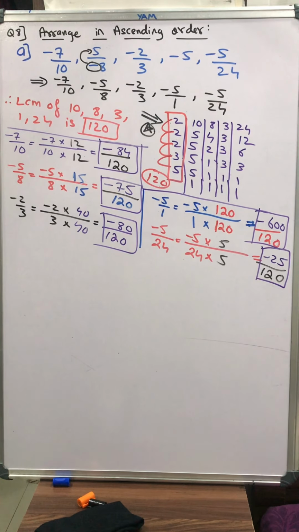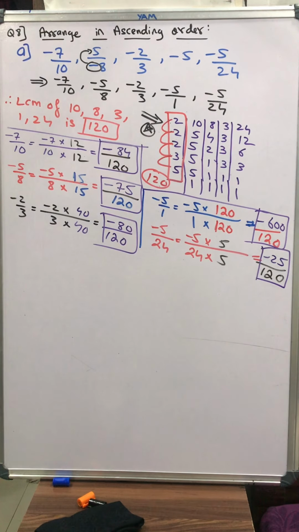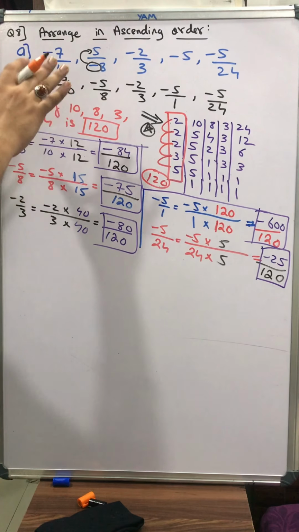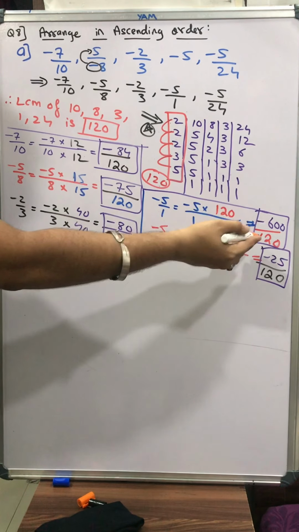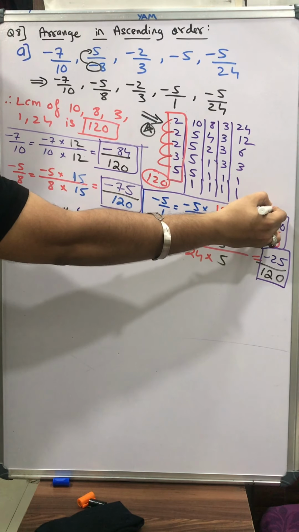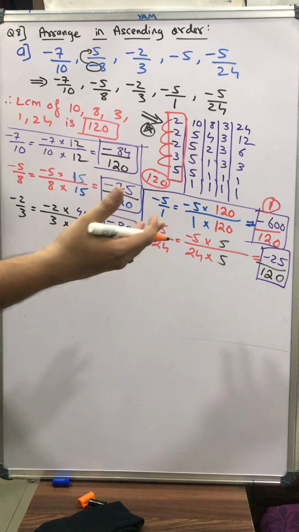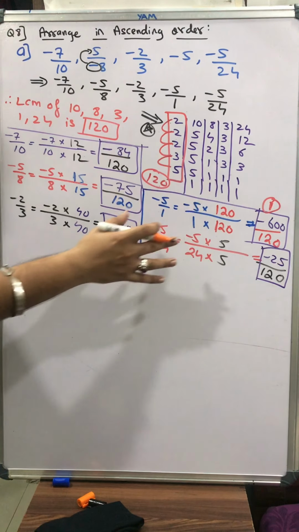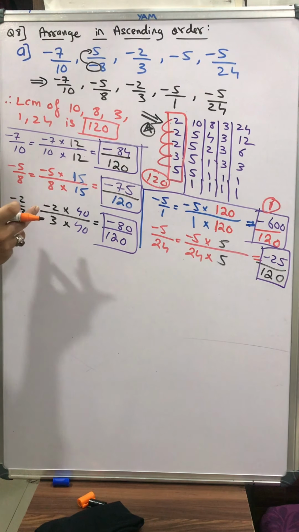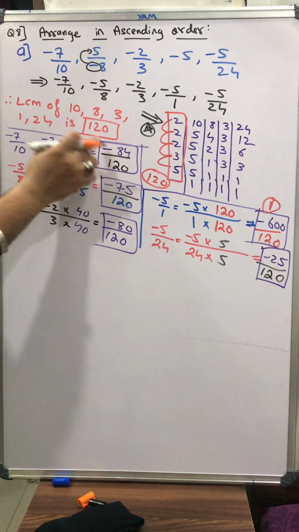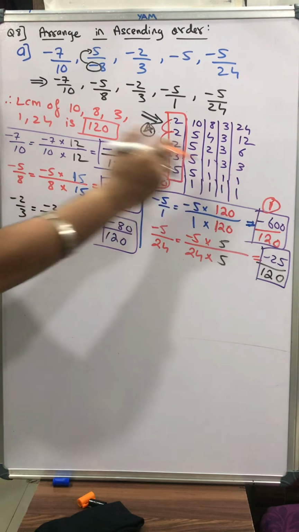Now I assign numbers just for your reference. You can do this with pencil also. Now you all tell me what will be the smallest number over here. The biggest number is 600, but with the negative sign, so this will be the least number. So I'll give it number 1. With pencil you can do it for internal purposes, but you should do it to avoid mistakes. After 600, the biggest number is 84, but it's minus, so minus 84 will be smallest after minus 600.